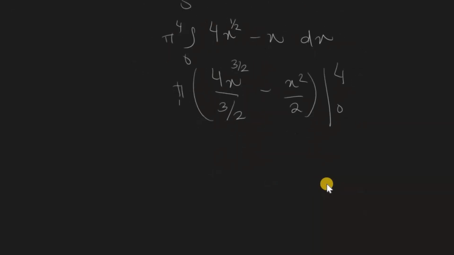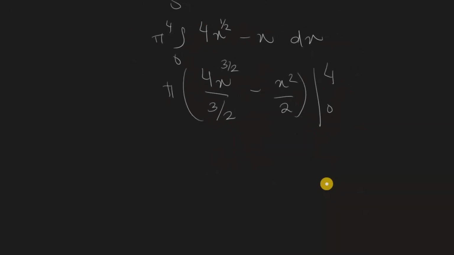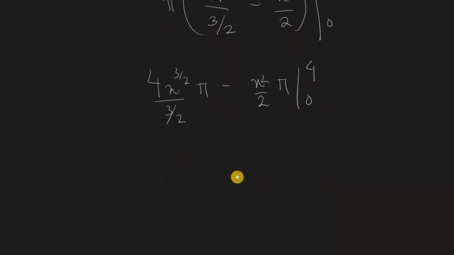Now let's solve it. I can just distribute the pi. Okay, so then we have the antiderivative times pi, from 0 to 4. We're going to plug in 0 first and then subtract it from the value at 4. Putting 0, it's simply going to be 0 pi minus 0 pi, so this whole thing is simply 0.